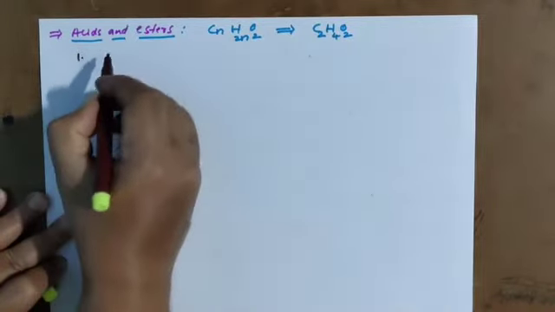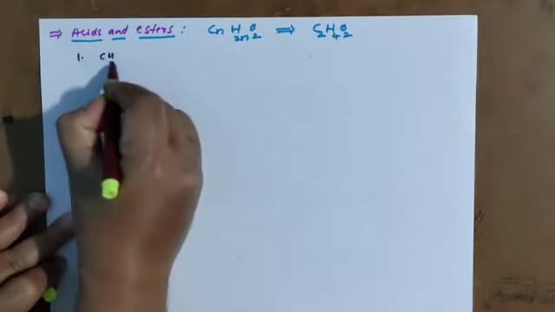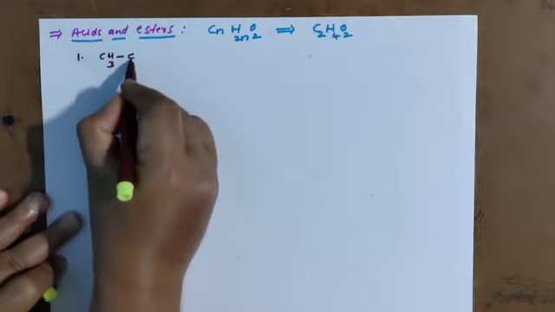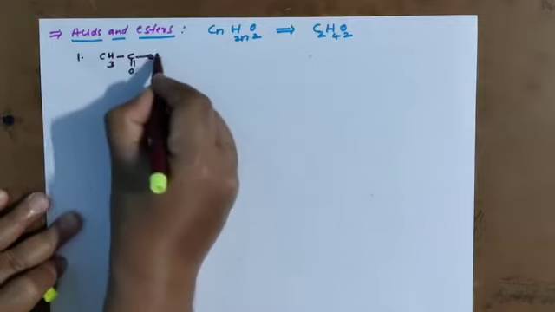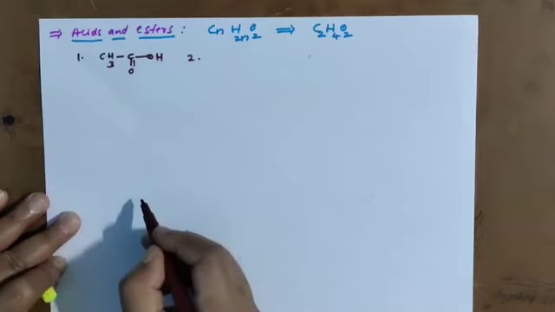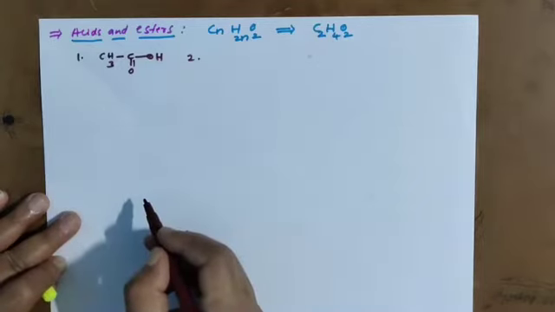Let me draw the acid: CH3, bond C, double bond O, OH. This is acetic acid, with 2 carbons completed.